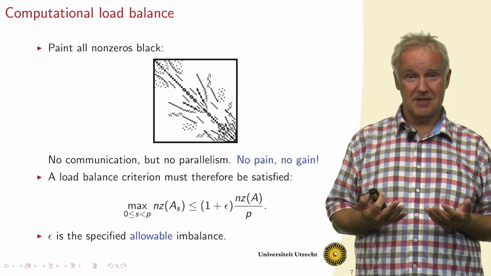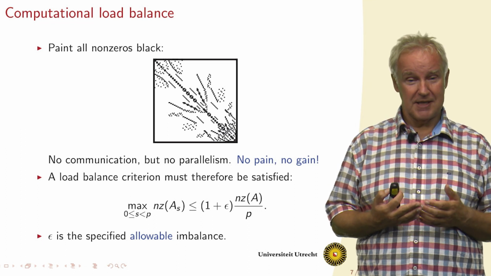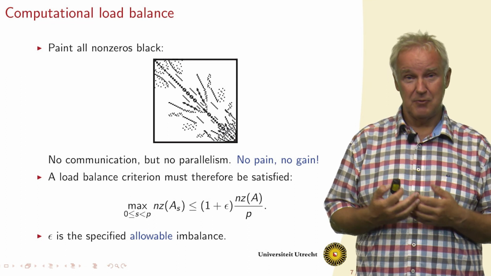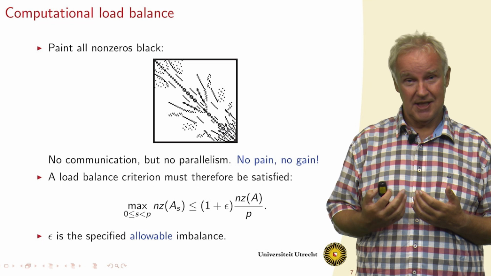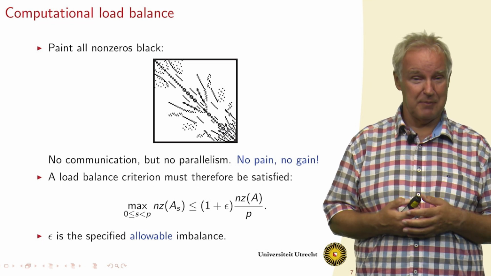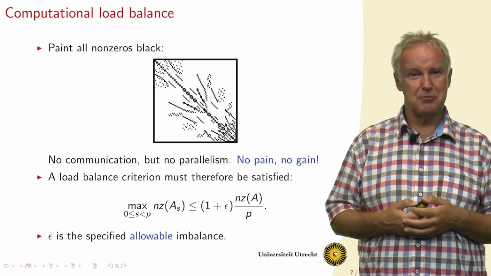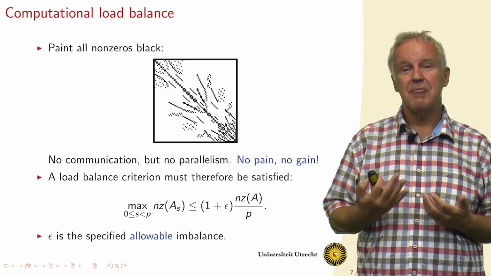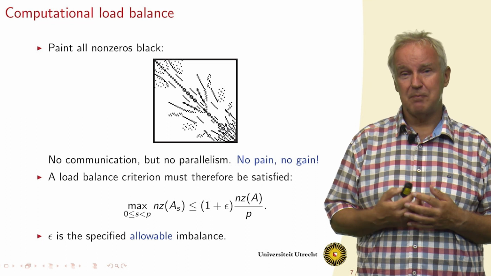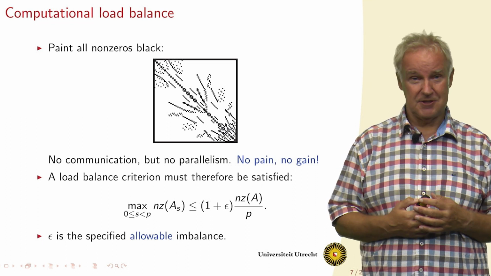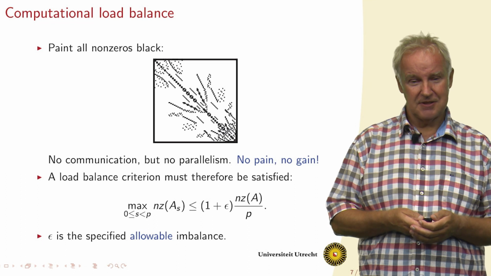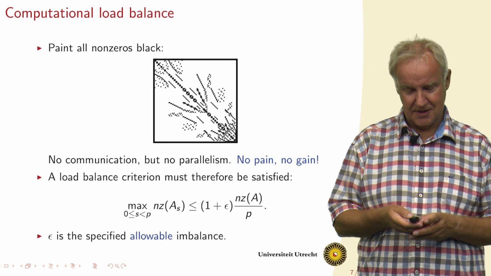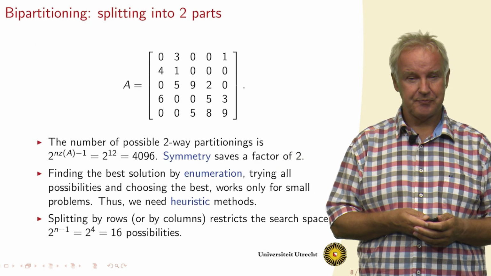We could ask that every part A_s has a number of non-zeros, nz(A_s), which equals the average nz(A) divided by p. But that may be too restrictive. A little bit of load imbalance would be allowed. So we have a factor of 1 plus epsilon times this average number. And that will be the allowable imbalance. So epsilon is the parameter that expresses this.